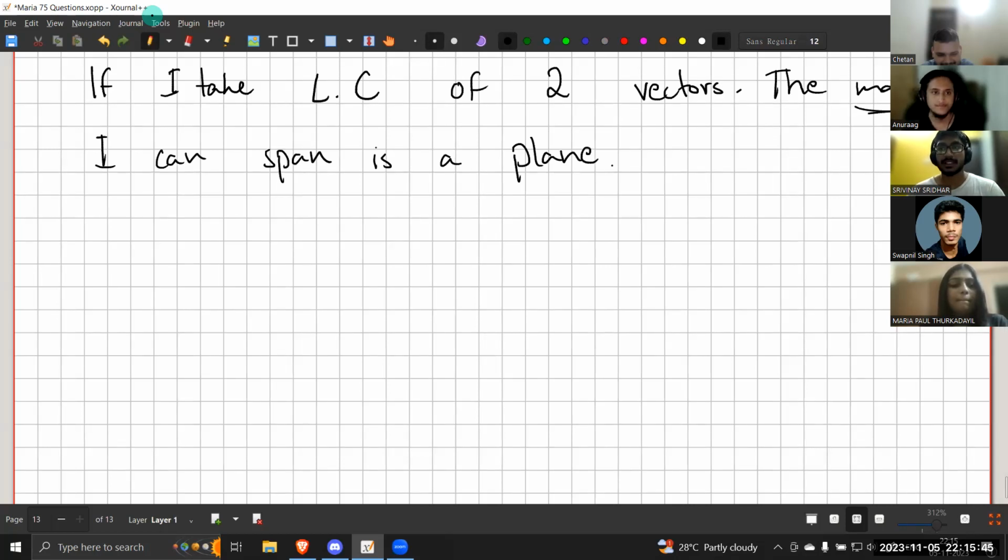And here we're talking about maximum. There could be places where this is not a plane but a line, or it could be just a point. So we know examples for them, but let's move forward.